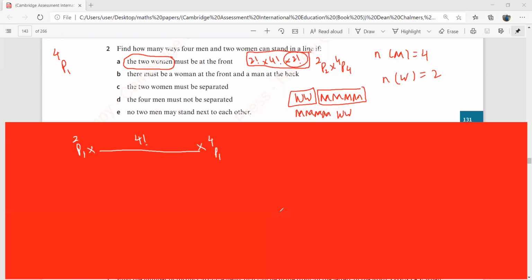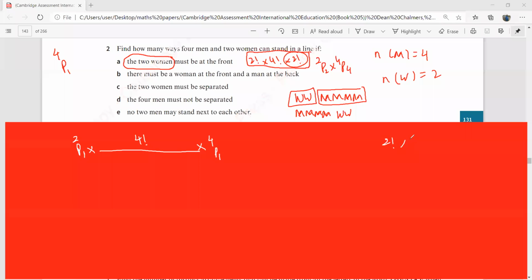Sir, I just want to clarify something. In the first part where you gave the alternate case, it's basically 2 factorial into 4 factorial plus 2 factorial into 4 factorial, right? Because it's an OR case. Absolutely.